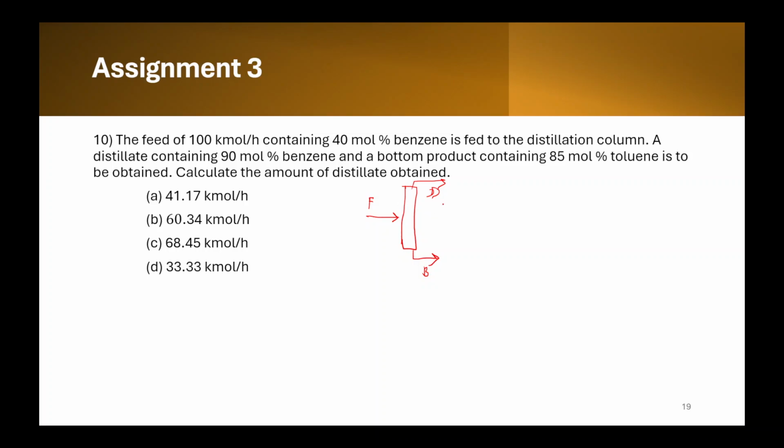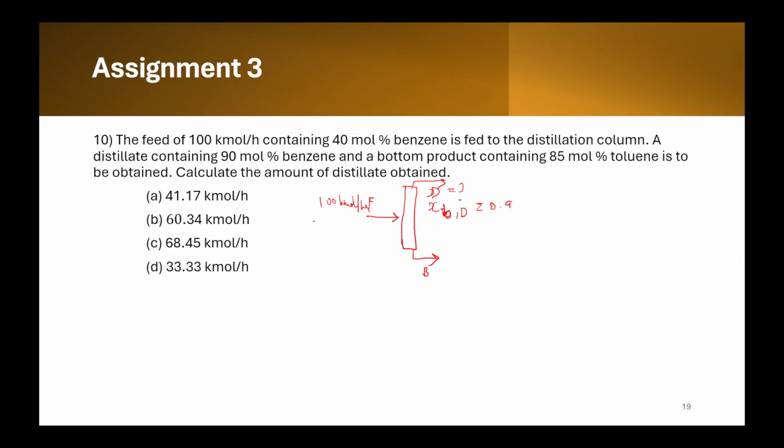Now we know the inlet feed is 100 kilomole per hour. The distillate amount we need to calculate, so D we don't know. But we know the concentration of benzene in the distillate. The distillate has 90 mole percent, or we can write x of benzene in D as 0.9.